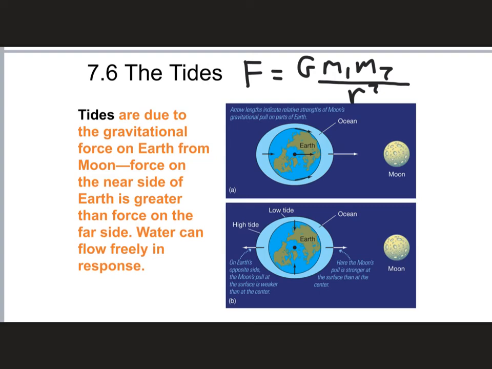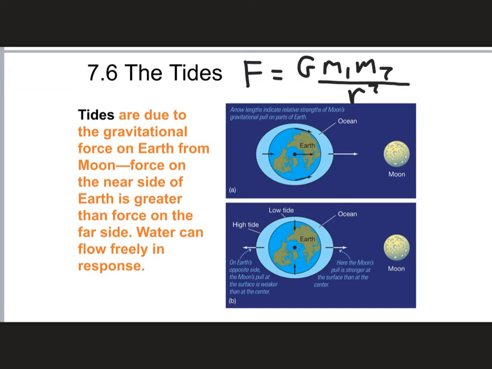Now in grade school you may have learned that the moon is what causes the tides, but we want to be a little bit more specific and see how that actually happens. Now what I need you to understand is that what I'm going to describe to you is a little bit of a hand-waving explanation. Fundamentally it's basically correct, but in actuality it's a lot more complicated than this.